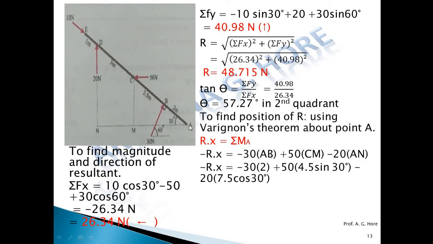An is theta's adjacent side, and in a right angle triangle, to find the adjacent side, apply cos, which gives h cos theta. So An is equal to h cos theta, where h is 7.5, so 7.5 cos 30 degree. Now simplify it, put the value of R, and you will get the value of x. That is the perpendicular distance of the resultant from point A.